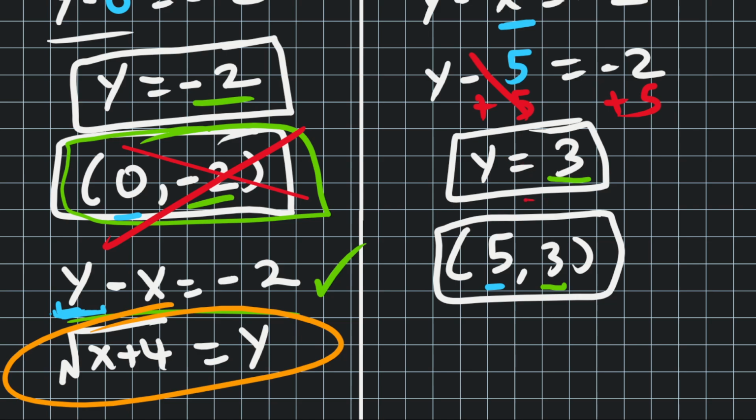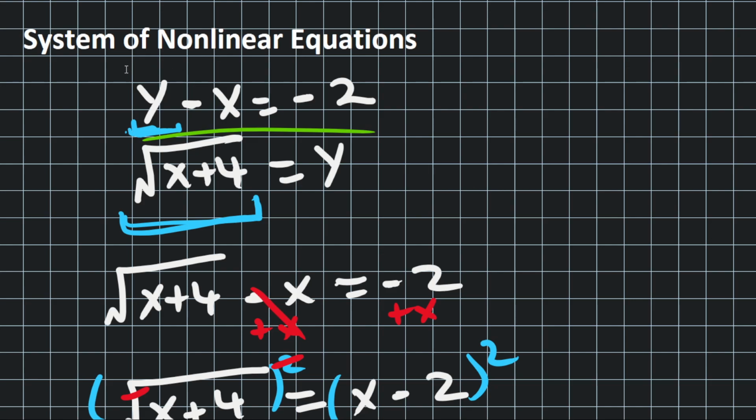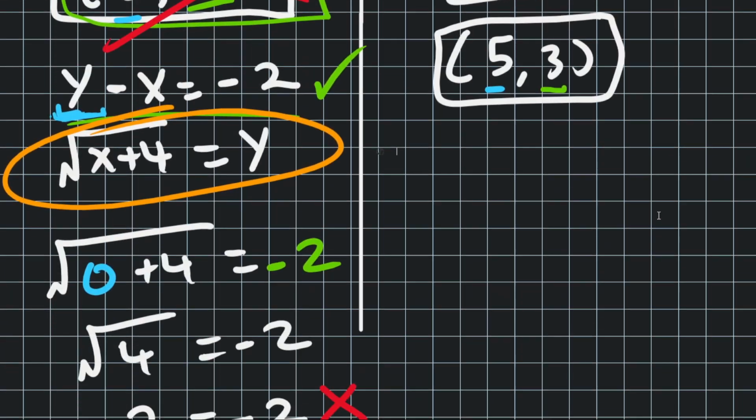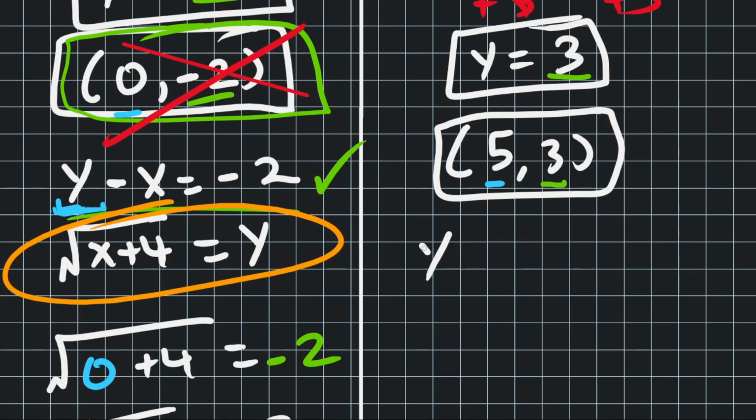But let's go ahead and test the right side. Let's see if this is extraneous. (5, 3). So we're going to do the same thing. We'll test the first equation. Y minus x equals negative 2. What's our y? According to this ordered pair, our y is 3.